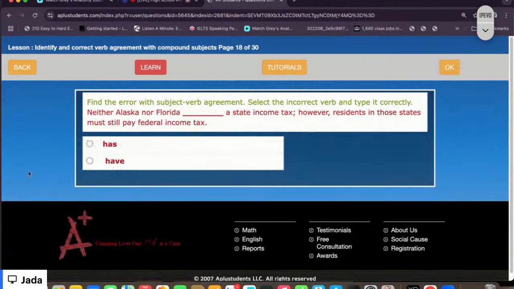Has or have? Okay, so has a state income tax.